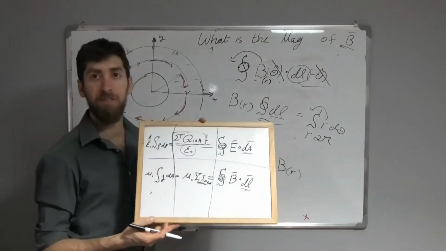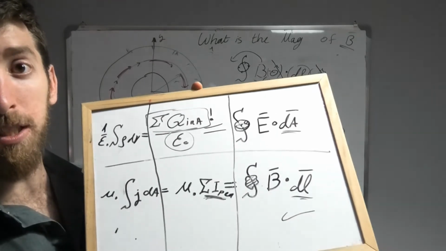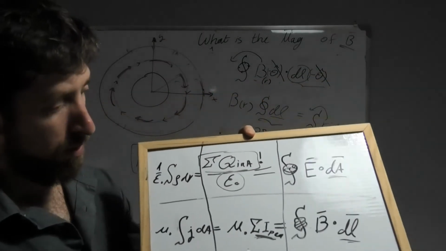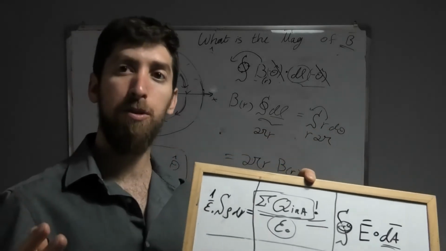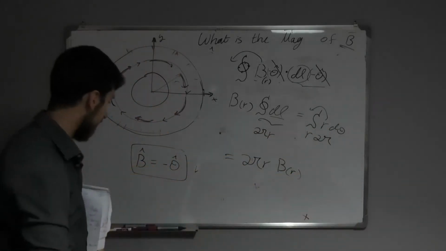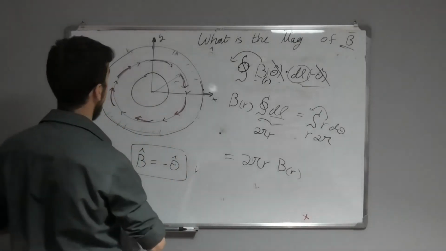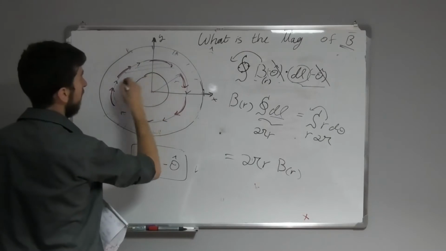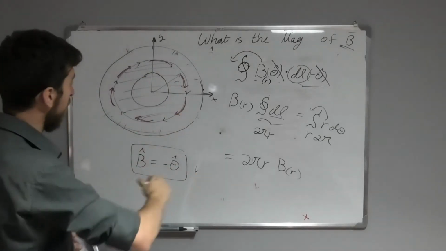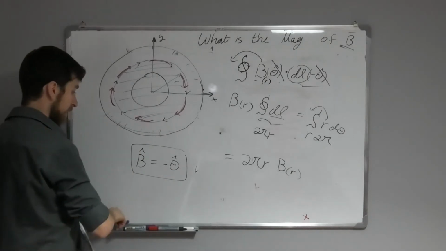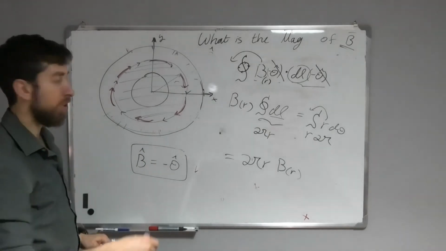Now I need to ask the second question. Remember that I always divided this equation into two parts. We found out what this part is, but we didn't find out what this other part is. So which currents actually poke my surface? Let's draw my surface in a more comfortable way. My surface is this one, in the middle of the toroid. And remember that we coil all the wires around the toroid.